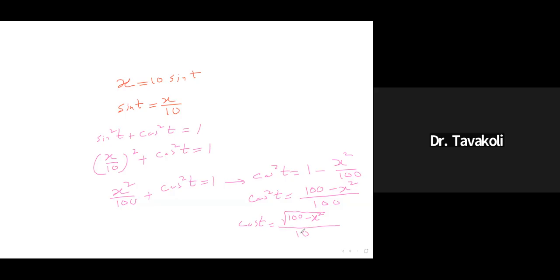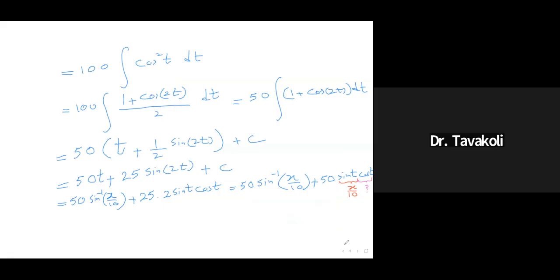So cosine of t with this calculation is radical 100 minus x squared over 10. So that question mark, in fact, is radical of 100 minus x squared all over 10.